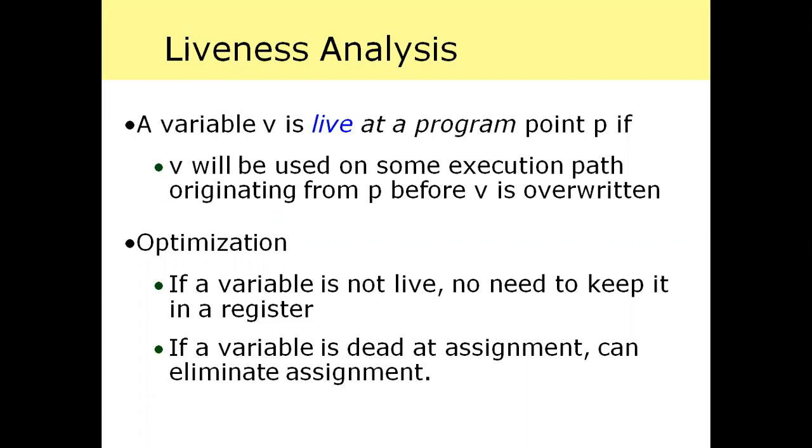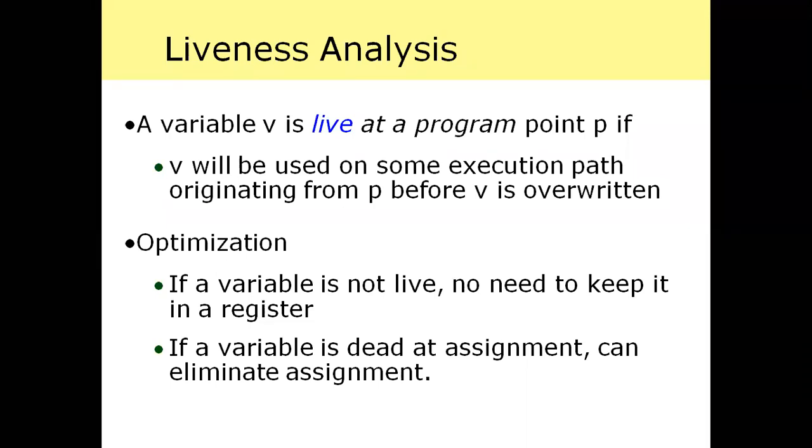And when we are applying the optimization with this property, how is the output? If a variable is not live, then there is no need to keep it in a register. Make it clear: if a variable is not live, no need to keep it in a register. If a variable is dead at some assignment, we can eliminate that assignment.